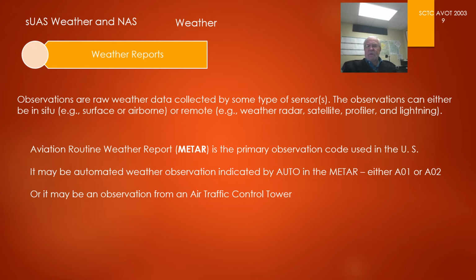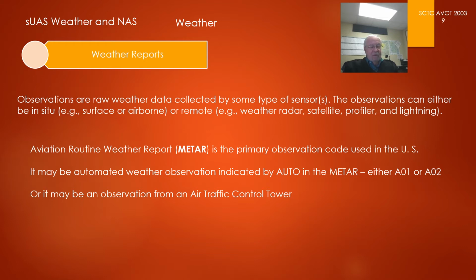The difference between A01 and A02 is the fact that A01 doesn't have a precipitation discriminator. In other words, it doesn't know what kind of precipitation, just that it is precipitating. Something's falling, H2O particles, liquid, frozen, solid. We don't know. But A02 knows whether it's snow or rain, whatever. And of course, METARs can be an observation made from an air traffic control tower as well. That can be put into the METAR format to be available, right?